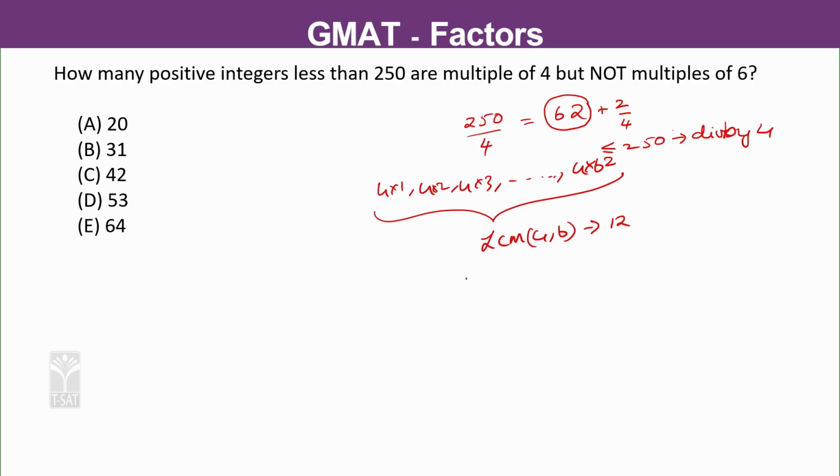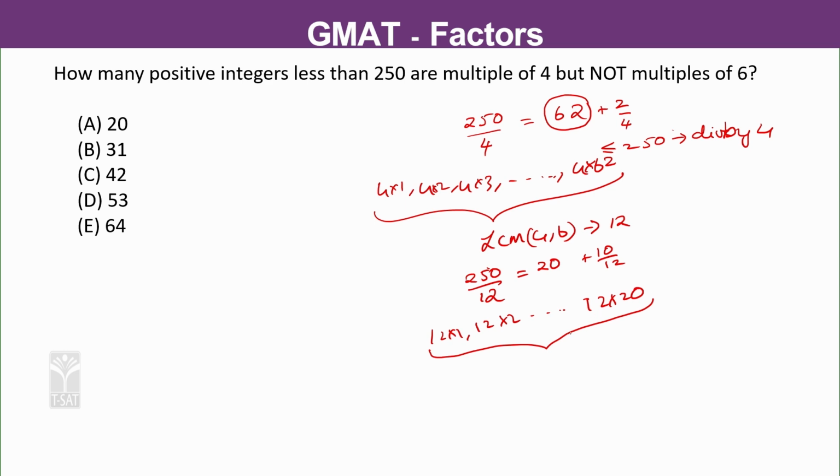Again, you will have to check 250 divided by 12, which is 12 twos are 24, 25, 12 zeros are, plus 10 by 12. There are 12 into 1, 12 into 2, and so on, 20 such possibilities where the number is divisible by both 4 and 6.